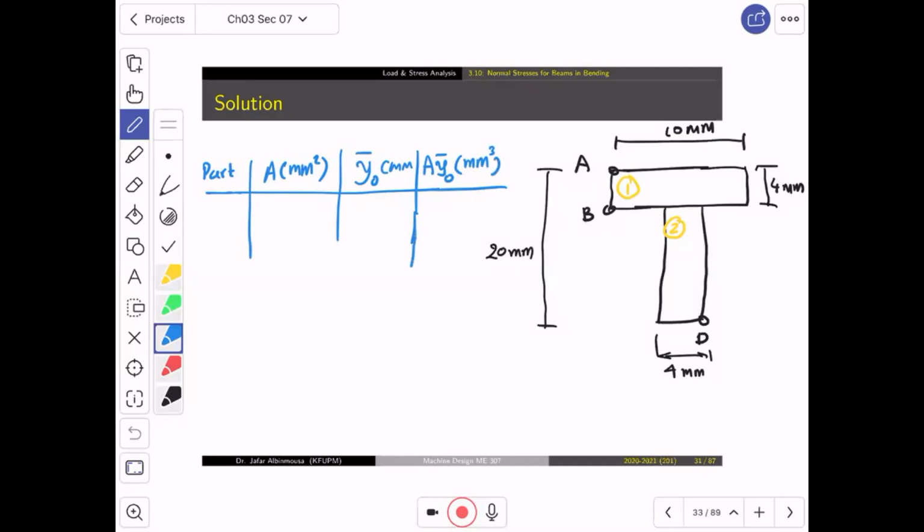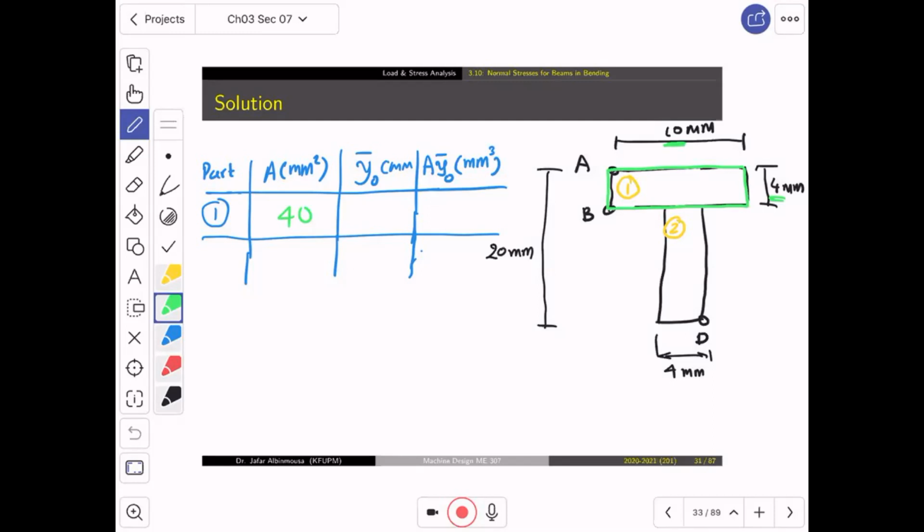Now, for part number 1, look what will happen. Part number 1, we have 10, I mean, let me make it green. So we have 10 by 4, which is how much in area, Shabab? 40. Okay, so this is 40. Now, the question is, what is y bar?